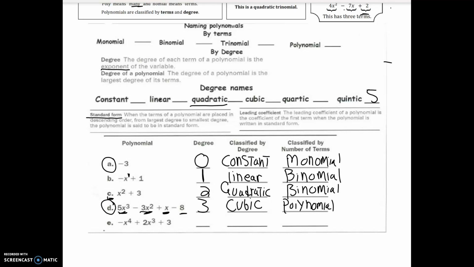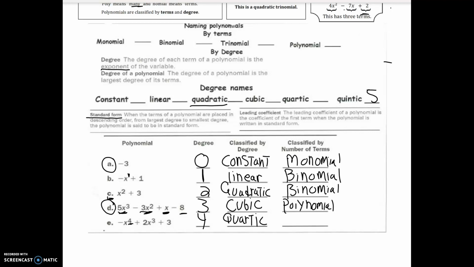And the last one. The degree is going to be 4. That name is going to be quartic.